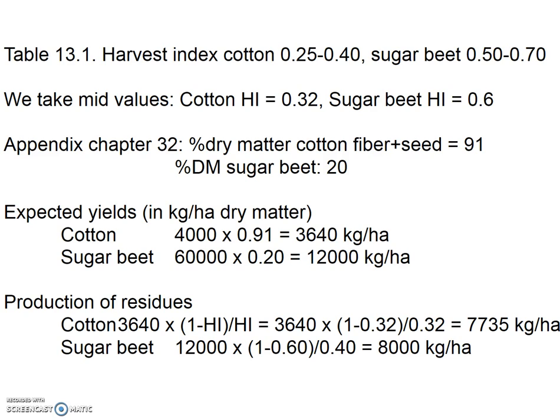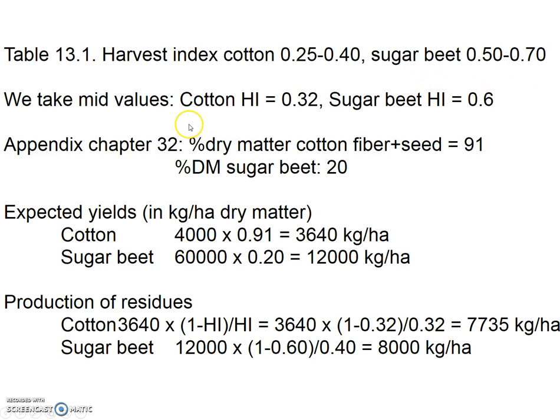Using table 13.1 in the book, we can see the table with the harvest index, and we find that cotton has an interval from 0.25 to 0.40. Sugar beet has a harvest index between 0.5 and 0.7.